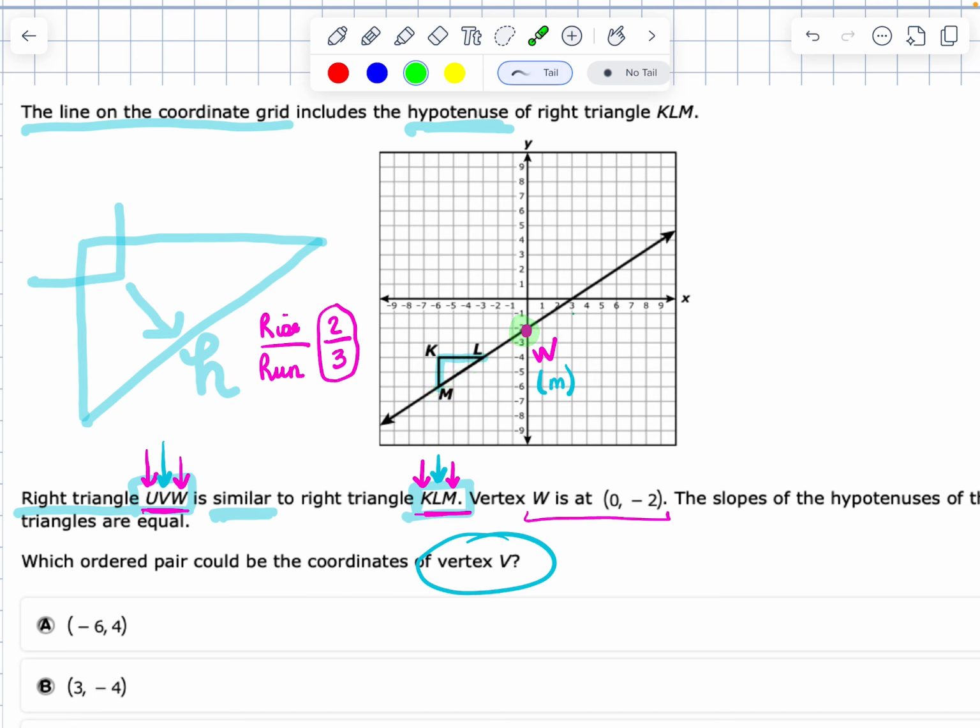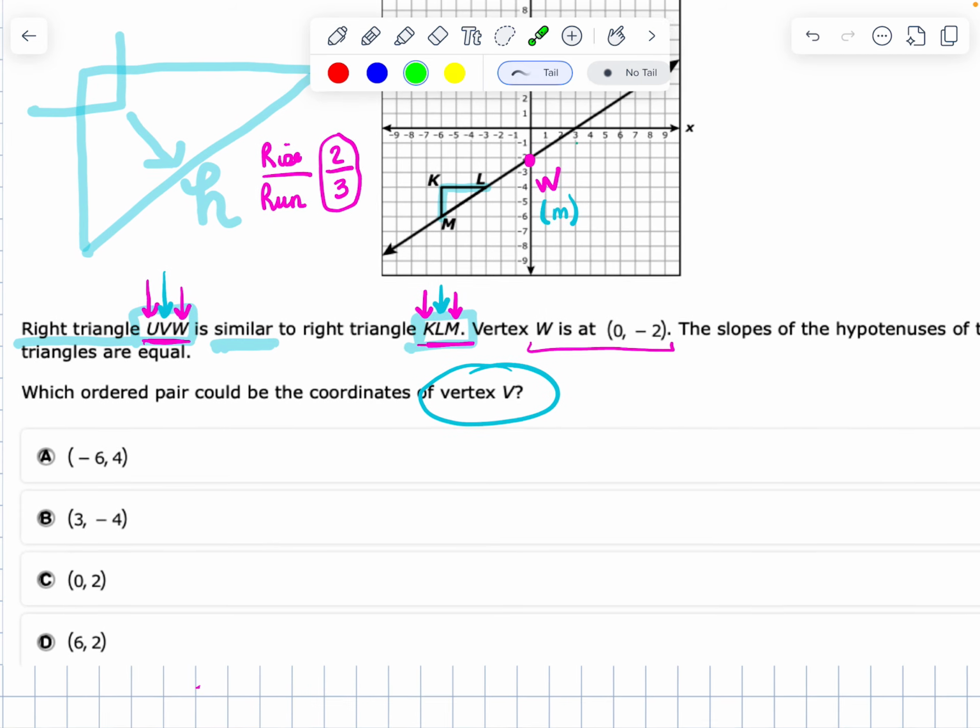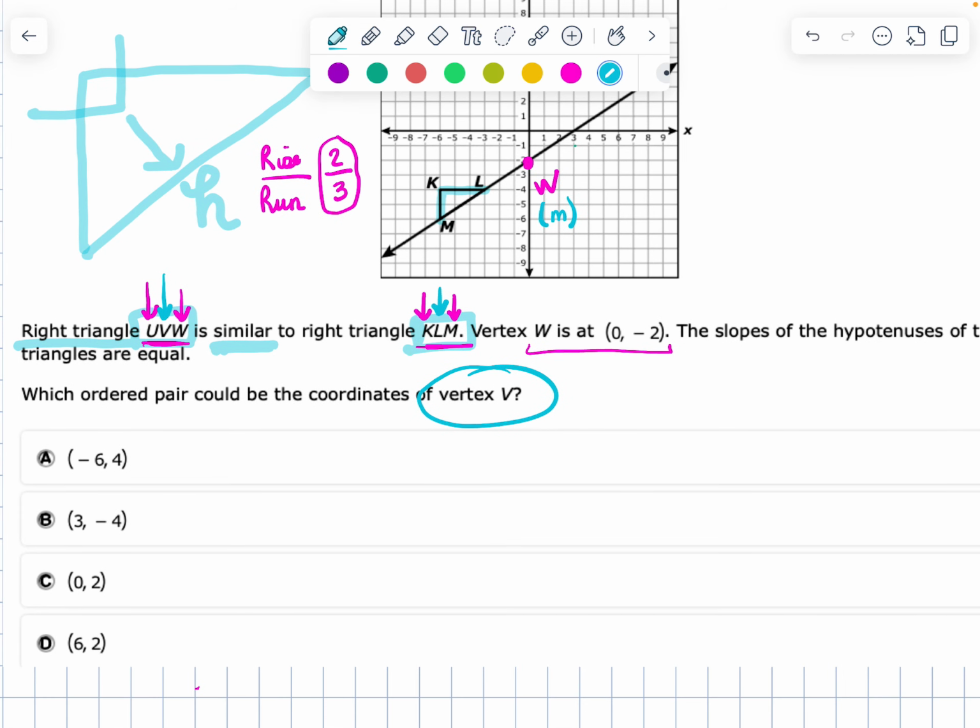Our point is already on that line. The only other place L can be is on that line, because everything else is a different slope, no matter what. So L is either going to be to the right or to the left, but it's going to be on that same line. So we can use that information to start checking these off.